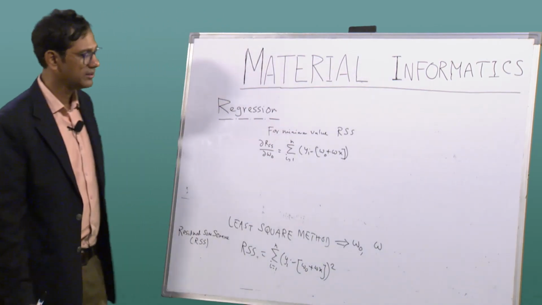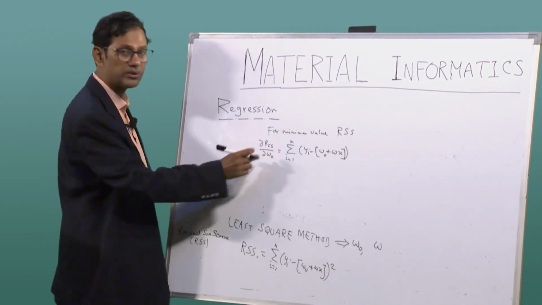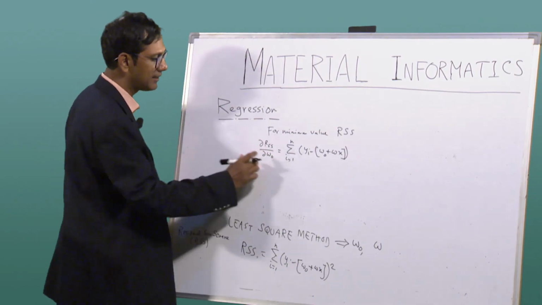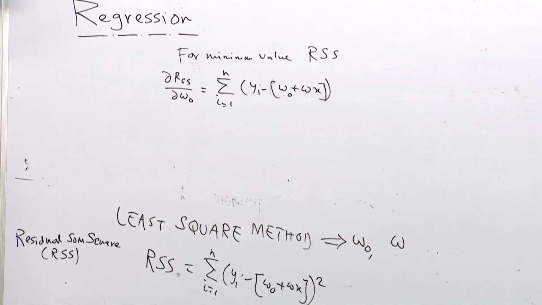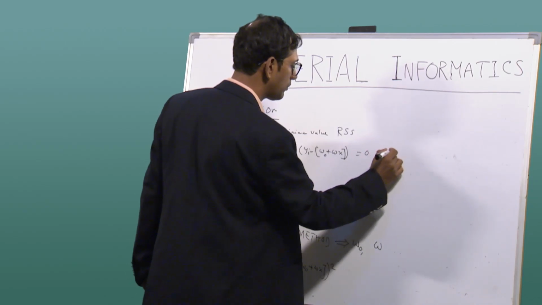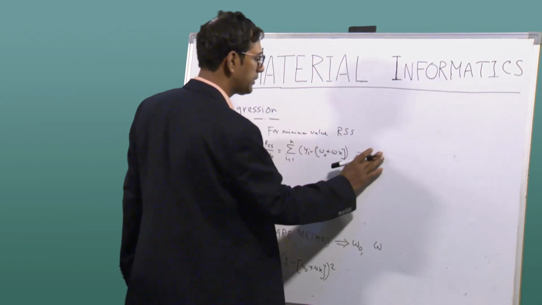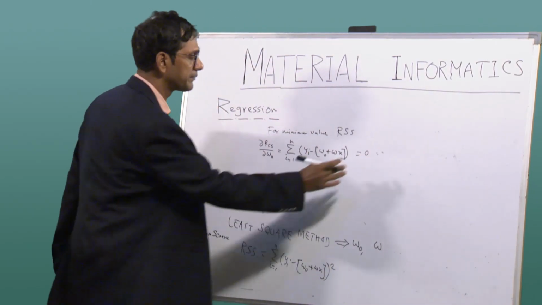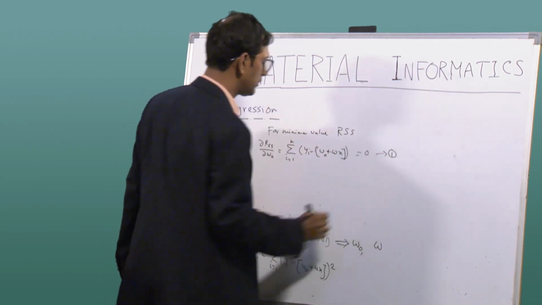This is the first derivative of RSS with respect to W0, and this must be equal to 0, right. This will allow us to find the value of W naught, or basically it will allow us to get an equation between W and W naught. This is the first equation we can get.